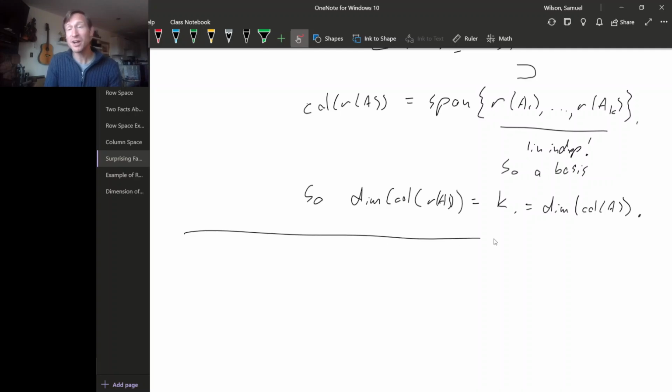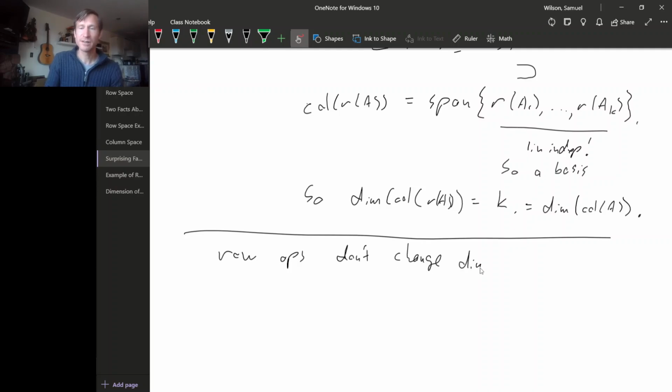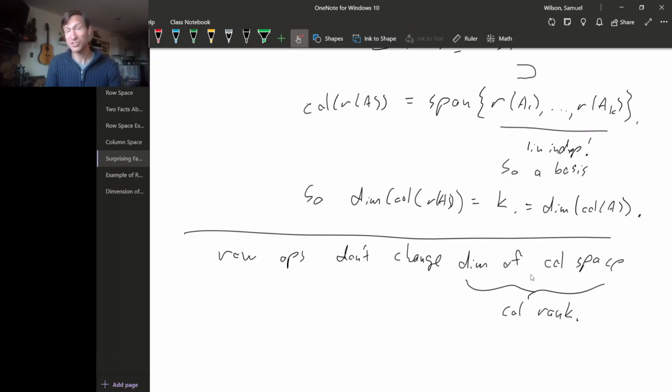So the upshot of all of this is that row operations don't change the dimension of the column space. And the dimension of the column space, we call this the column rank. So row operations don't change the column rank.